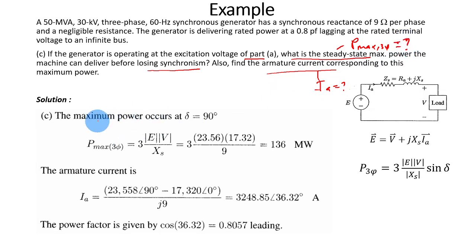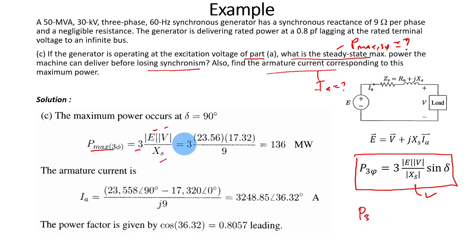So the solution is that we know from this formula the relationship between the 3-phase power, the voltages, the reactance and the power angle. At 90 degrees, we know that this is maximum. From the previous formula, P3 max equals 3 multiplied by EV divided by X, the synchronous reactance.